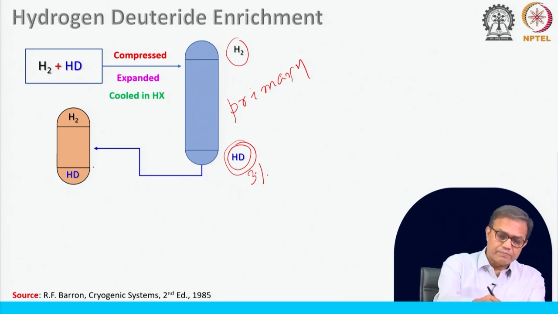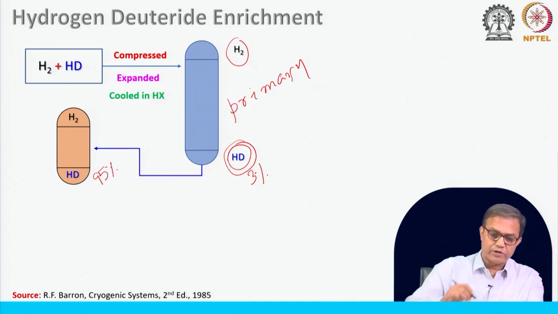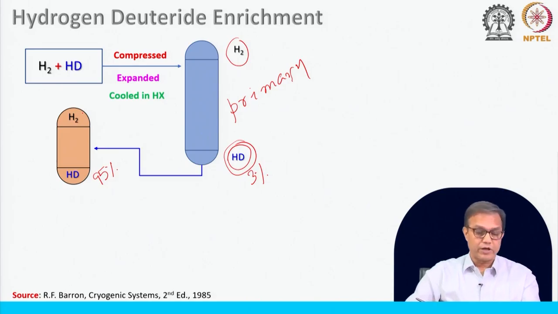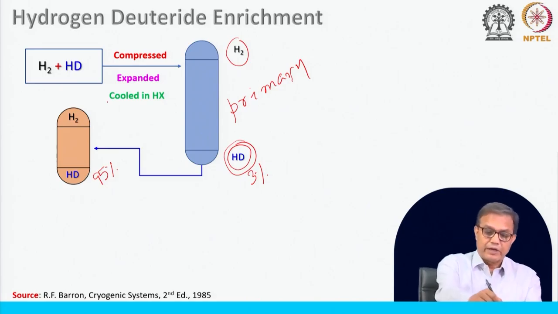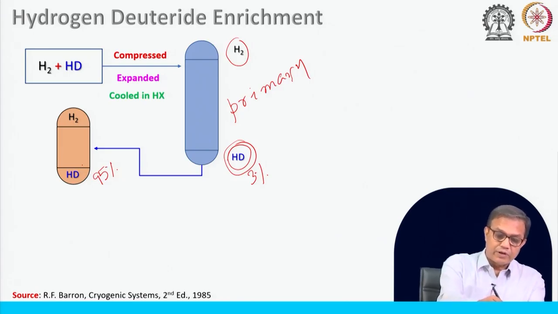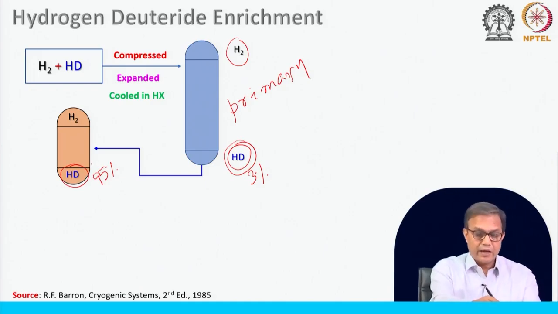Now, on this part the hydrogen deuteride will be about 95% hydrogen deuteride, and on the top it will be hydrogen, I am sorry, hydrogen. This hydrogen will again be taken back to an appropriate location, but what we have now is sufficiently enriched hydrogen deuteride, and we can now take out this hydrogen deuteride, though it will be in the liquid condition.